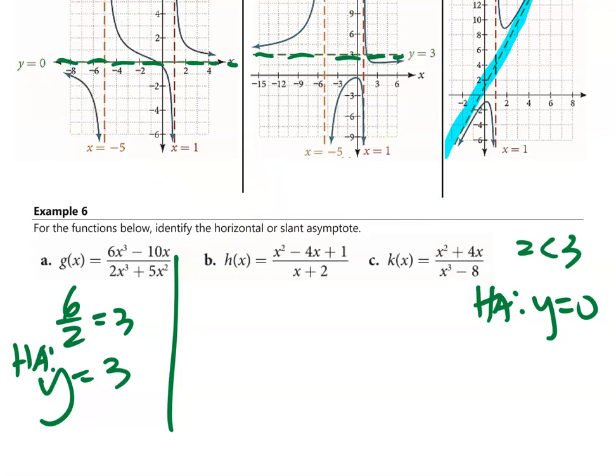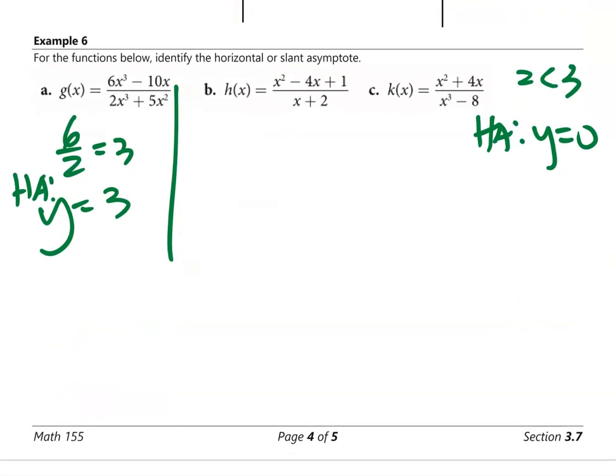Okay, how about letter B? If we check our degrees, the degree of the numerator is 2, the degree of the denominator is 1. So 2 is greater than 1. So meaning the degree is greater by 1.